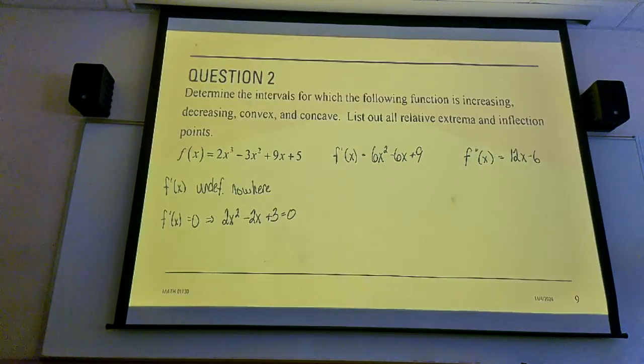For f prime to be 0, 2x squared minus 2x plus 3 would have to be 0. Discriminant: b squared minus 4ac. 4 minus 24.